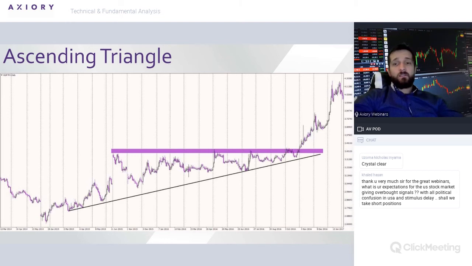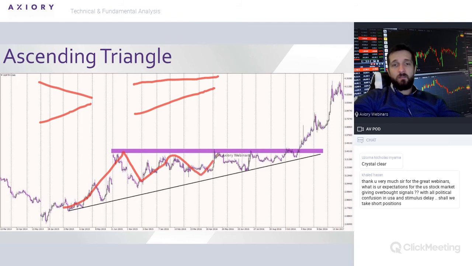Here is an ascending triangle. That's a small variation of the triangle. So instead of a formation like this, we have horizontal resistance and dynamic support, and the price tries to break the resistance, and eventually it breaks it.